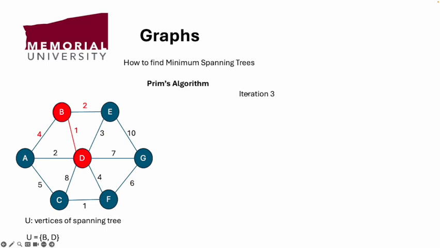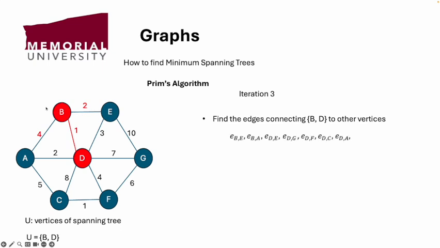Then let's continue with iteration 3. We need to find the edges connecting B and D in the set U to other vertices. What is connected to B and D? For B, we have BE and BA. And for D, we have DE, DG, DF, DC, DA.